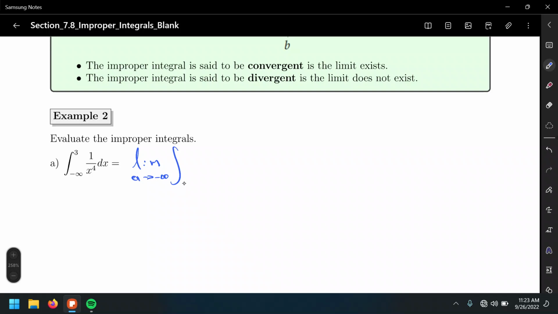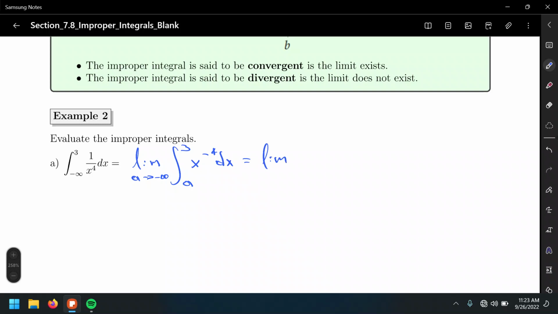And so that's going to go from a to 3. In this case, I'm not going to integrate with x to the 4 in the denominator, so we need to have x to the negative 4 with respect to x. And let's compute the integral first.